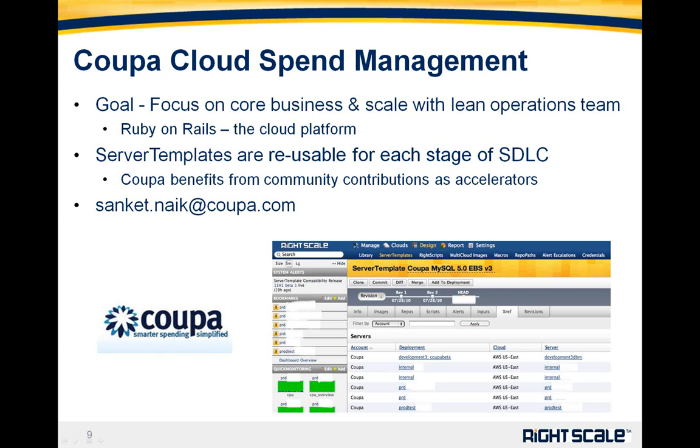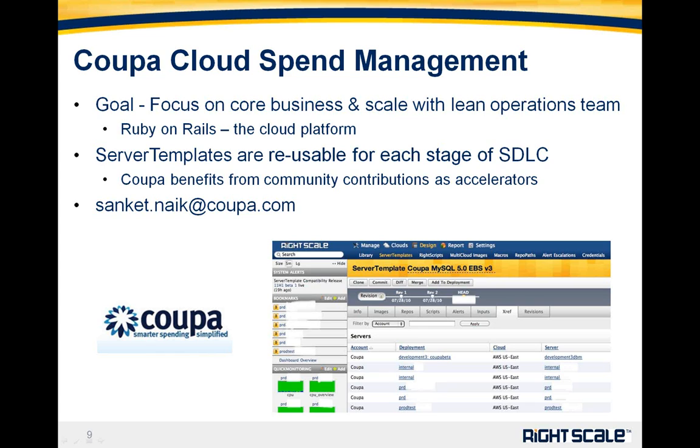Our software platform is Ruby on Rails, and we started on Ruby on Rails 3 years before it was officially anointed as the language of Cloud 2.0. The way we use RightScale is that we import a bunch of Rails templates for front-ends and app server from the RightScale library, and we also use the MySQL EBS templates.